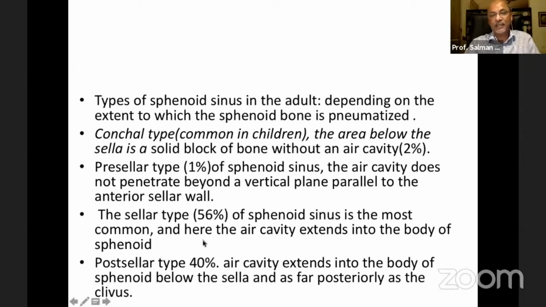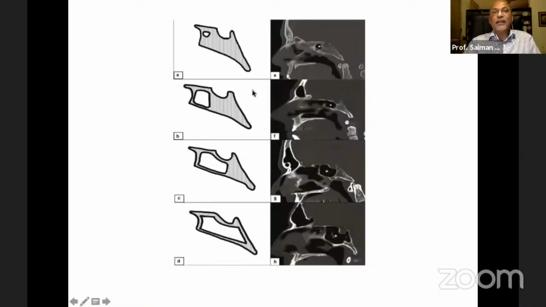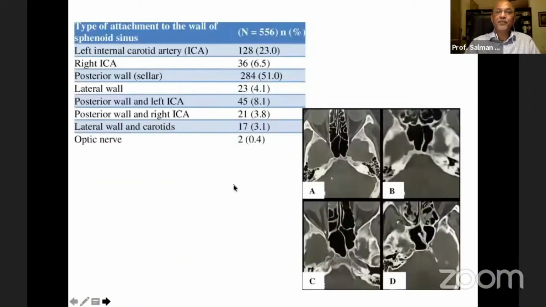When it crosses the level of the sella and goes all the way posterior to the clivus, then it becomes post-sellar. So this is what it looks like. So you can see all the four types, in which obviously depending on how much pneumatization and how easy or difficult it is, and especially for kids, you need to plan this beforehand to know where exactly you're going to be drilling if you'd be drilling in that area.